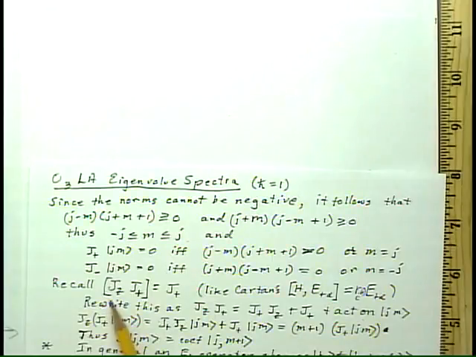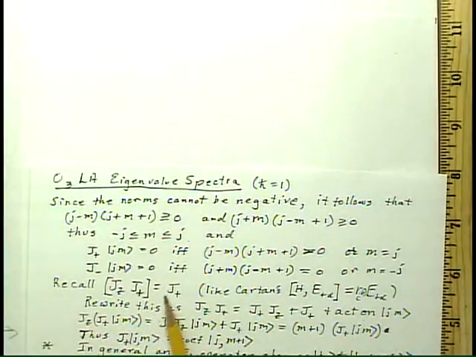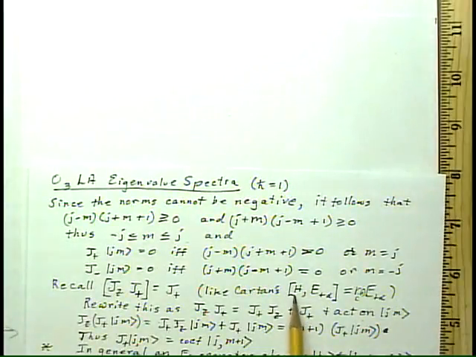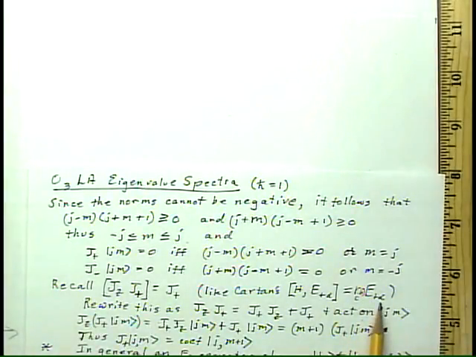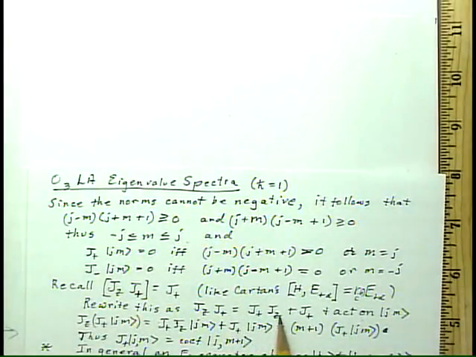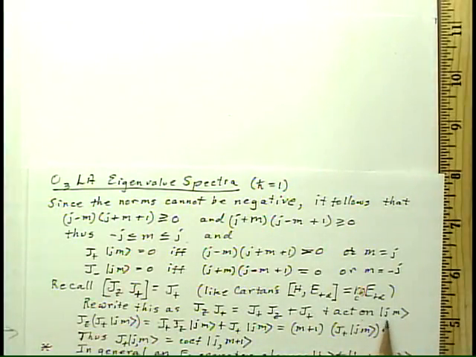Now we recall that Jz times J plus is J plus again, just like Cartan's relationship that H with the E alpha is a vector r sub i of alpha times E alpha again. And we're going to rewrite this as Jz J plus is equal to J plus Jz plus J plus. And we're going to act on a jm vector.